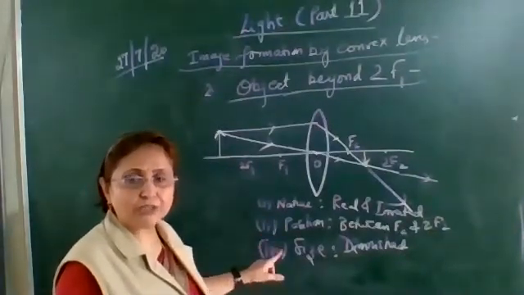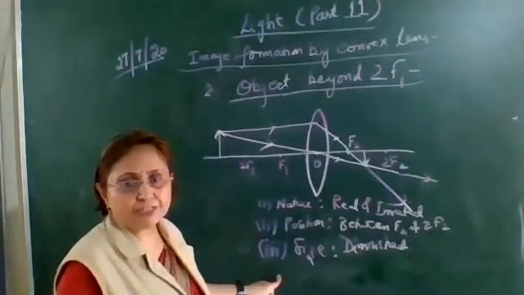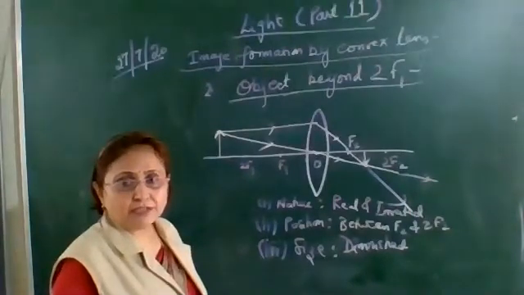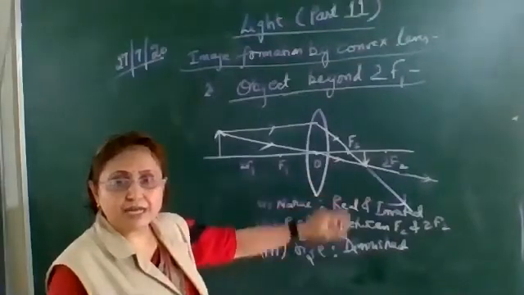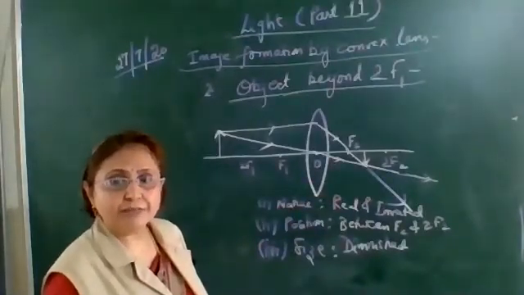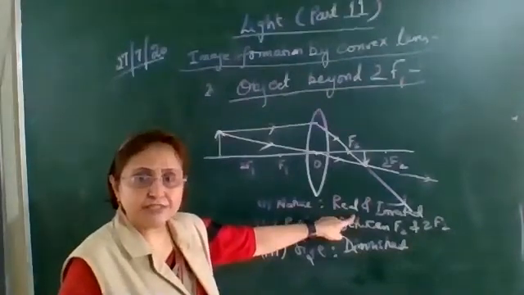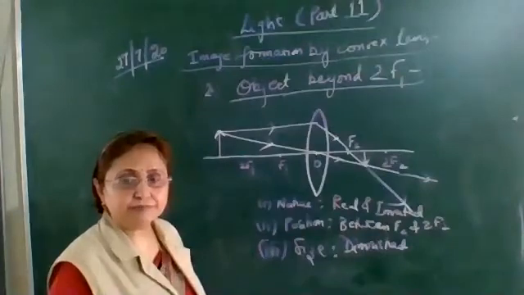Now write down the 3 points about the image formation. The first one, nature of the image. As you see that the refracted rays are actually meeting, so it is real, and real images are inverted, that is upside down. So write the nature of the image: real and inverted.